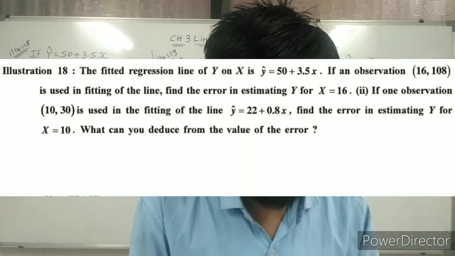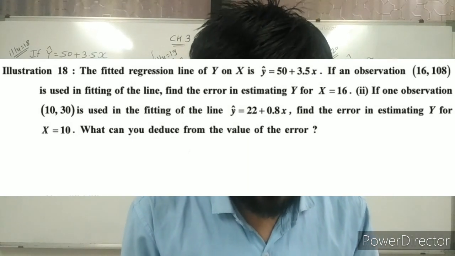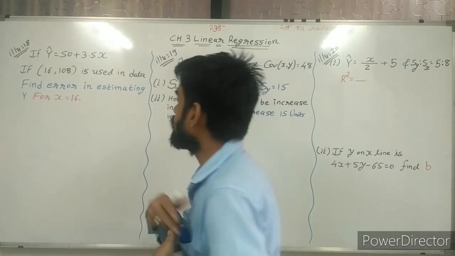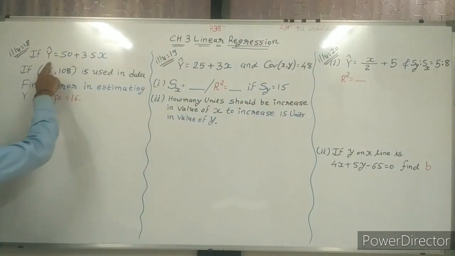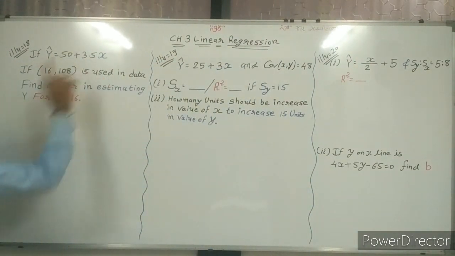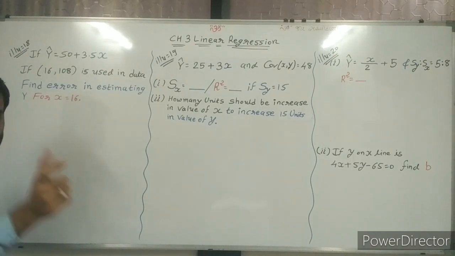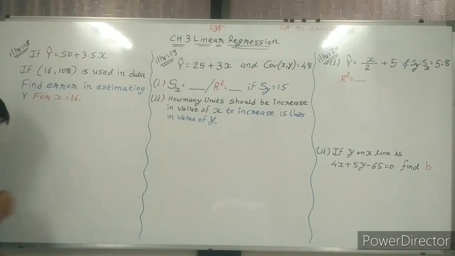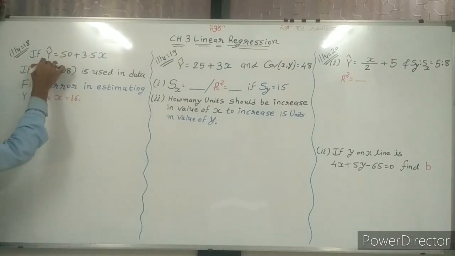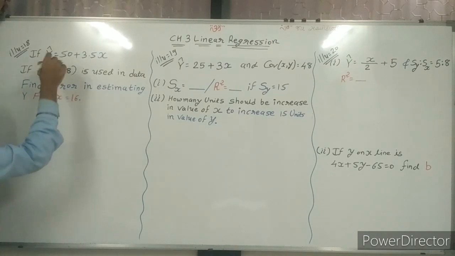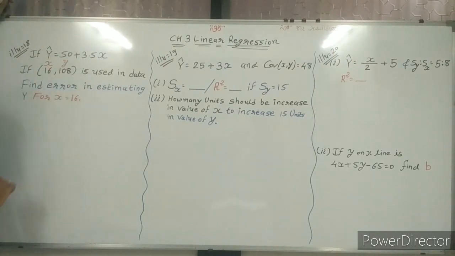Now I have written this question's basis on the board. Y cap is equal to 50 plus 3.5x. One pair of observation is taken, 16 and 108. Here 16 is the value of x and 108 is the value of y.